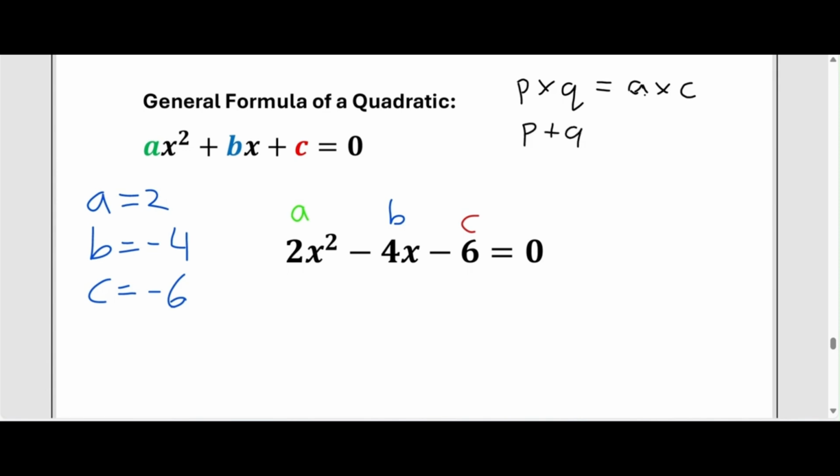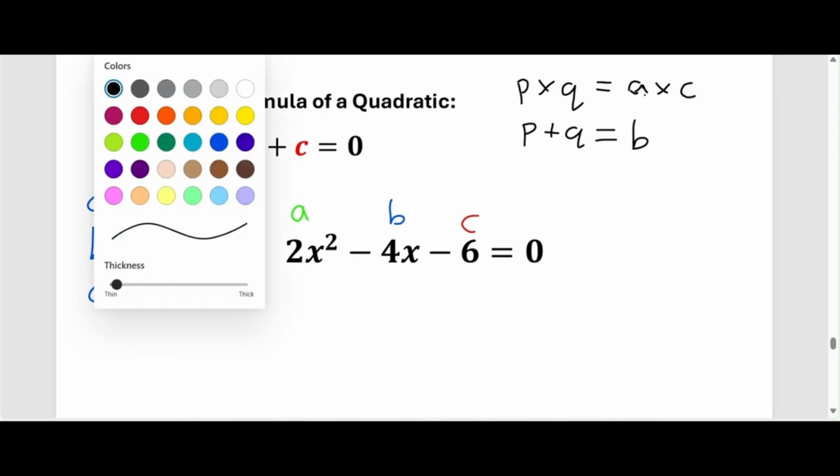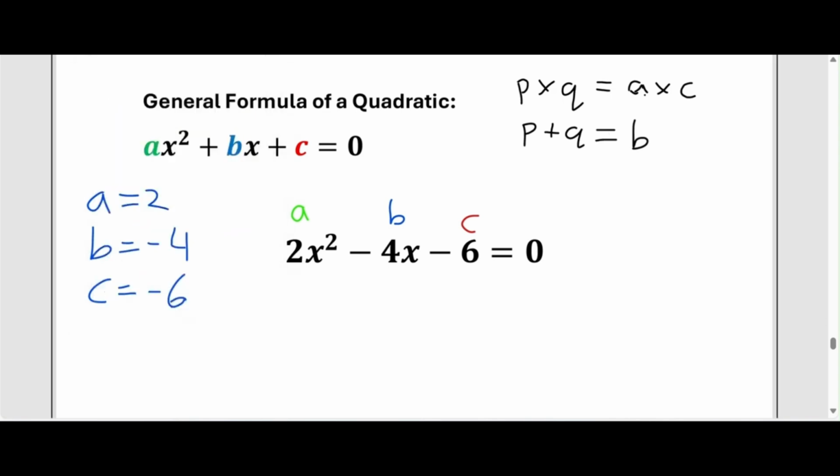And these same 2 numbers, when added to each other, equal b, right? Just to reiterate, P times Q has to equal A times C. A is 2, C is negative 6. Multiply them together, you get negative 12. And P plus Q is just b, so it stays as is.